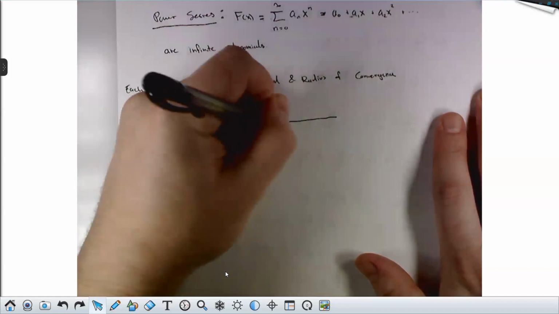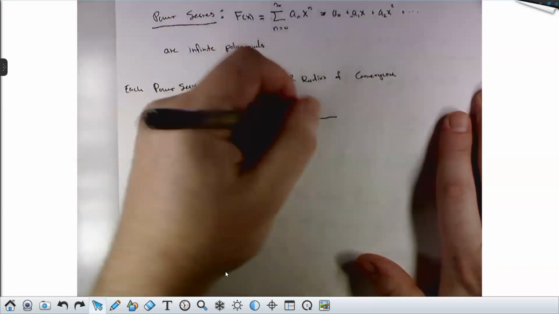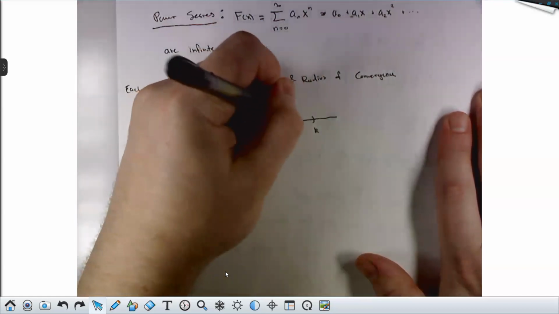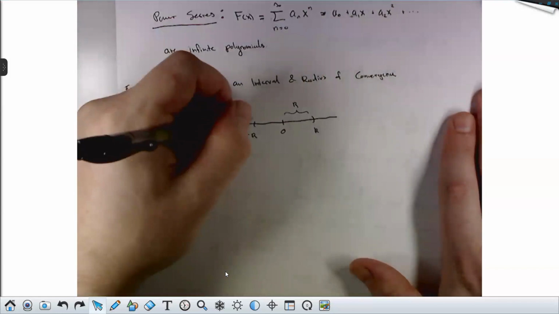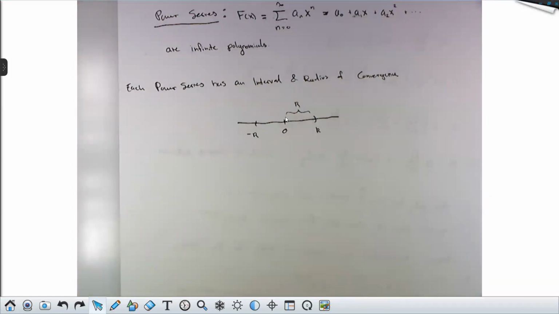So if your series as above is centered at 0, then we would say that your IOC, your interval of convergence, is going to be an interval symmetric about 0.